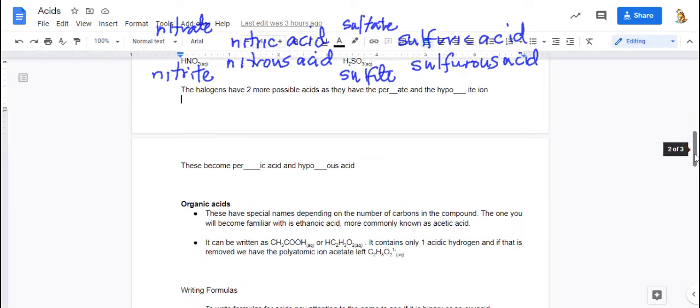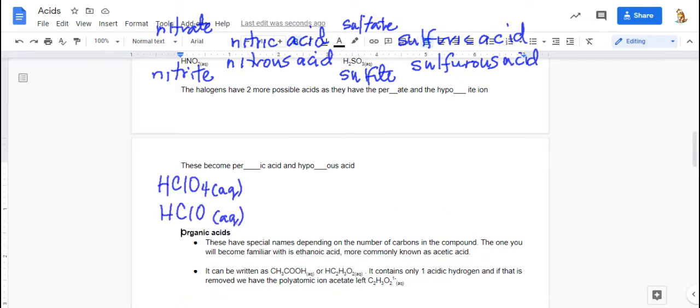So these become per-ic acid from the per-ate ion and hypo-ous acid from the hypo-ite polyatomic ion. So HClO4, ClO4 is the perchlorate ion. So this becomes perchloric acid.